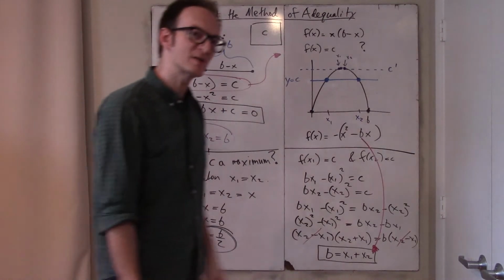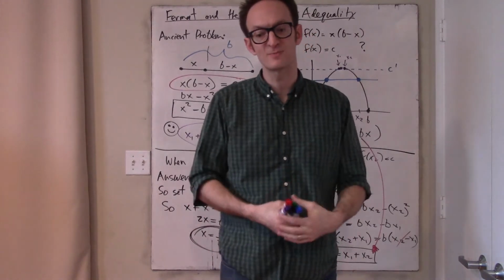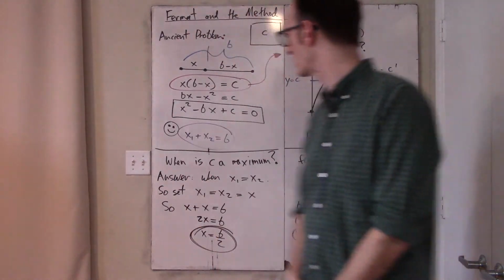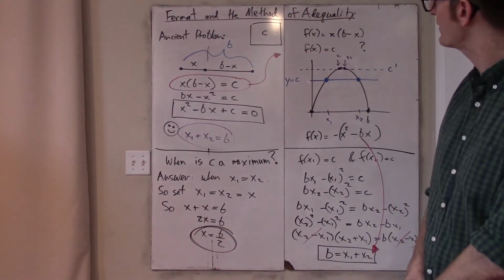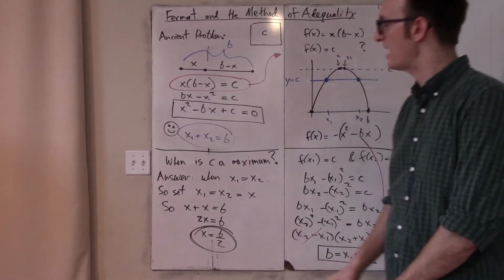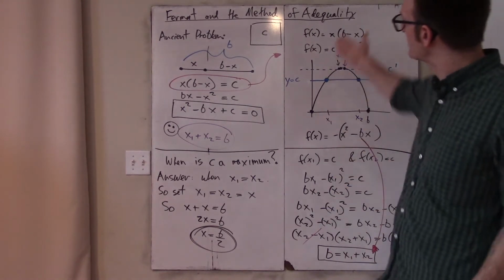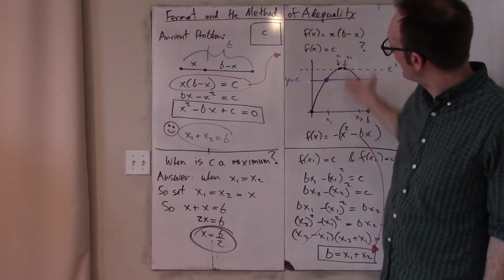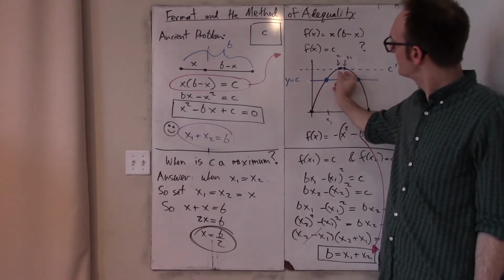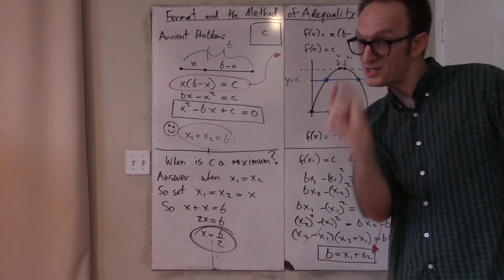But what we've now done is we've left the geometry behind entirely. We're no longer going to be inspired by the geometry or care about the geometry. We're going to focus entirely on the algebra. One may erase the geometric origins of the problem and just say, hey, I got this polynomial. When is this polynomial as big as possible? It's as big as possible when the solutions to the points of intersection are on top of each other.